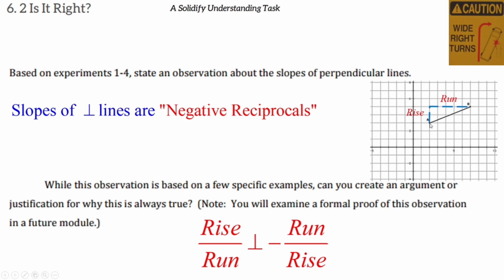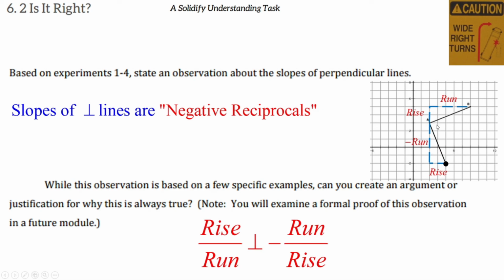That means I'm going to drop negative 5. 1, 2, 3, 4, 5. There's my negative run right there. Okay, and what was my rise? 1, 2. And now that becomes my rise, which is 1, 2 right there. Okay, and that gives me this point right here and that segment right there.